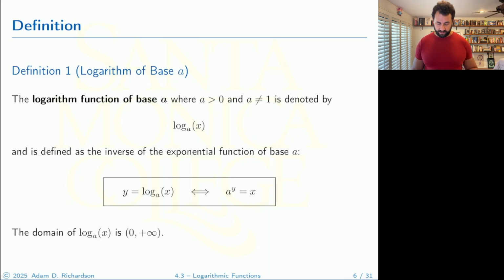One thing I want to point out: the domain of the log function is 0 to infinity. That's explicitly because the range of the exponential function is 0 to infinity. And if you remember, inverses switch domain and range, right? So the range of an exponential function was 0 to infinity, so the domain of its inverse is 0 to infinity.